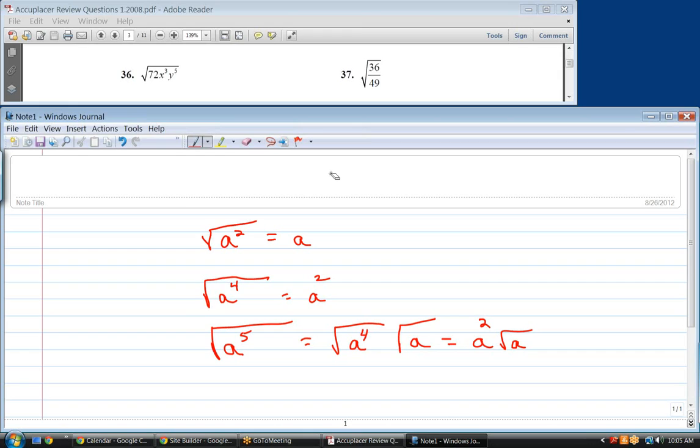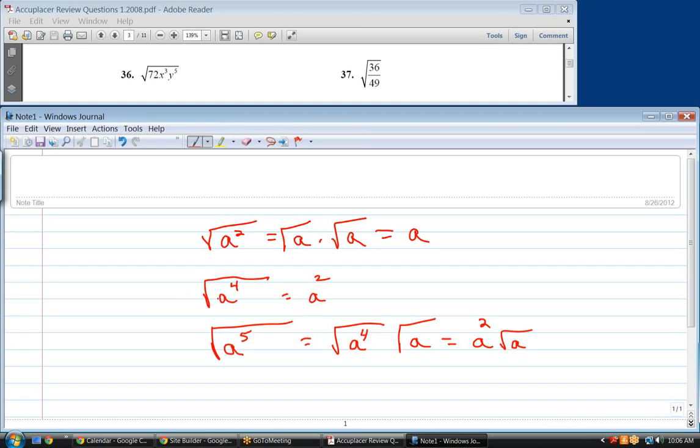Now let's talk about the square roots of letters. Obviously, the square root of a variable squared is just equal to itself, because that's the same as the square root of a times the square root of a, and that's equal to a.